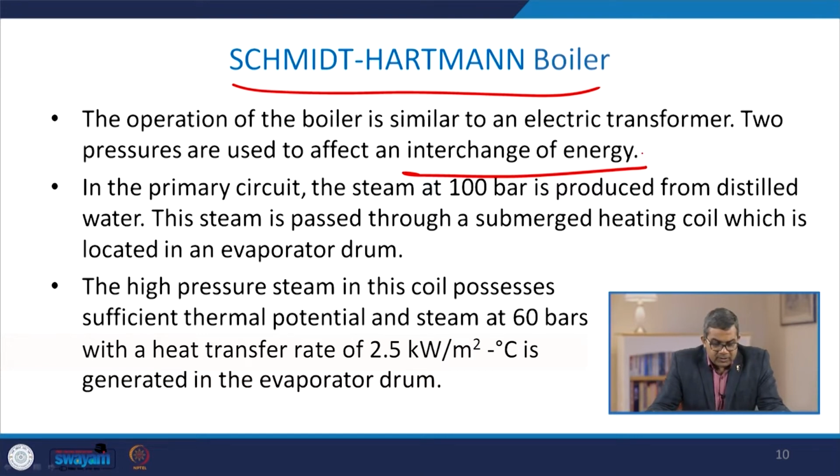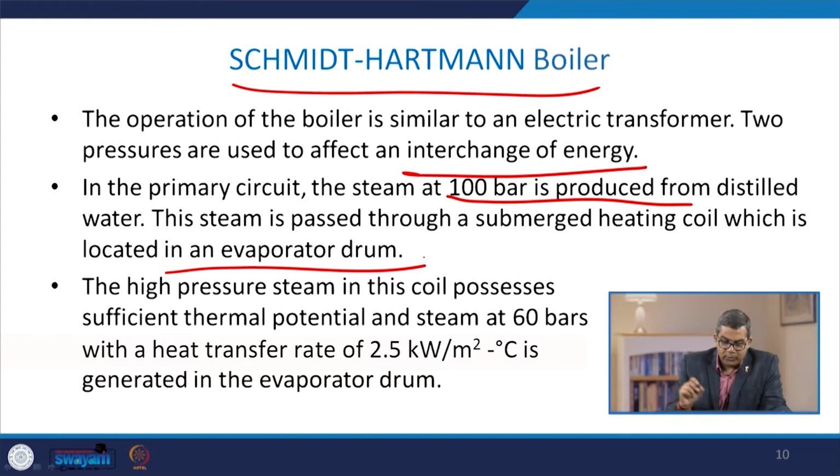The primary circuit steam at 100 bar is usually produced from distilled water. When we are using distilled water, the chances of scales or hardness are minimal. Now, this steam is passed through the submerged heating coil, which is located in an evaporator drum.